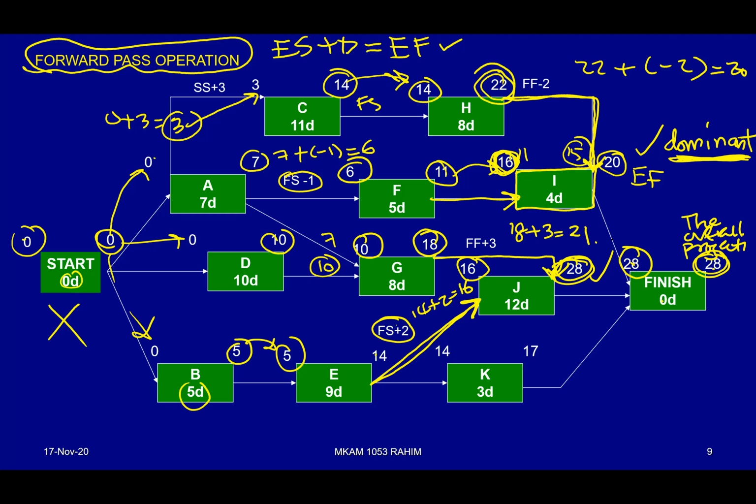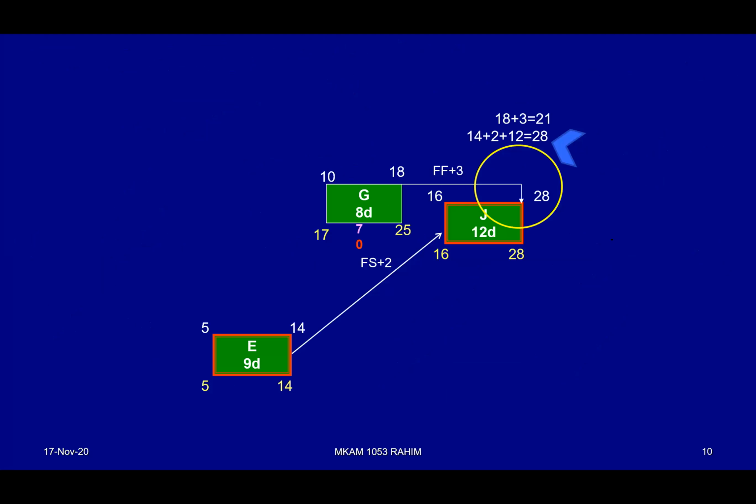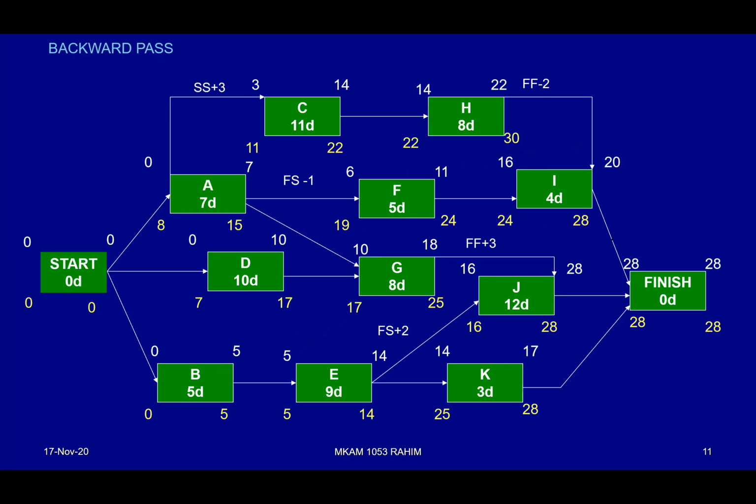That is what we call forward pass. Then backward pass. Backward pass is simply you do the calculation backward. 28, then you copy back into here, 28. Then you do the calculation inside the box.